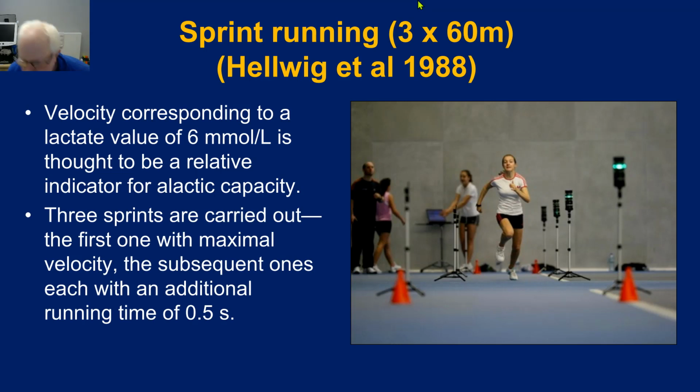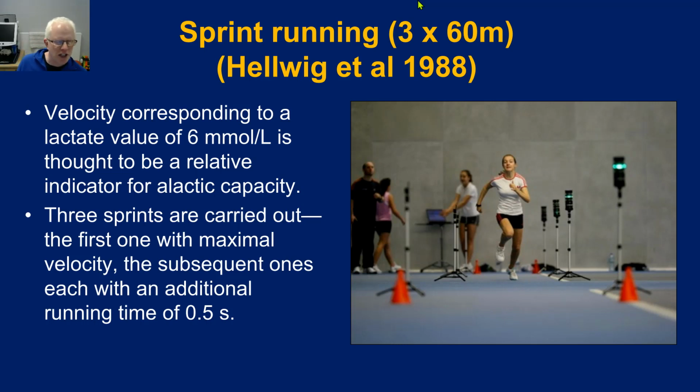So you run flat out, and then you're asked to run half a second slower for the next one and half a second slower for the subsequent one. What they're getting at is, rather than having overall anaerobic capacity, they're trying to isolate the alactic capacity, in other words the capacity of energy that comes from the high energy phosphates.